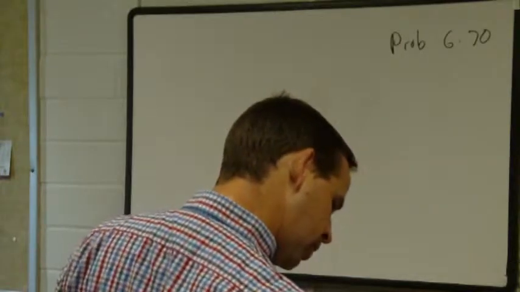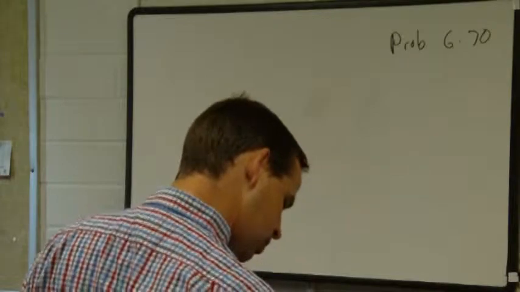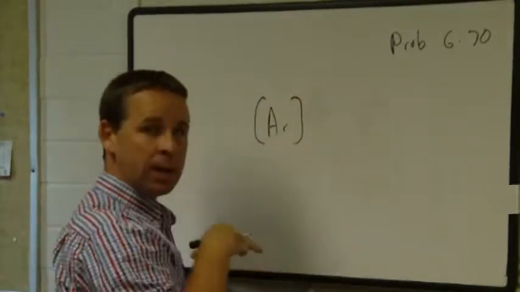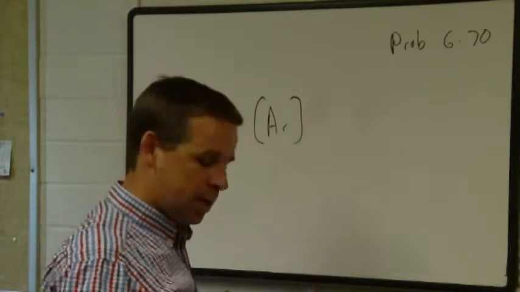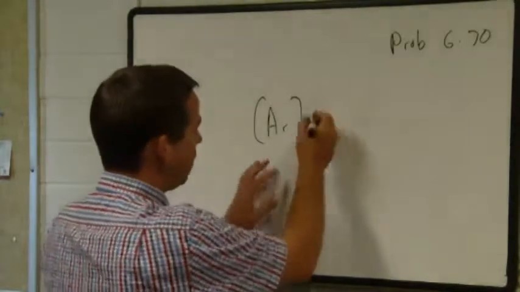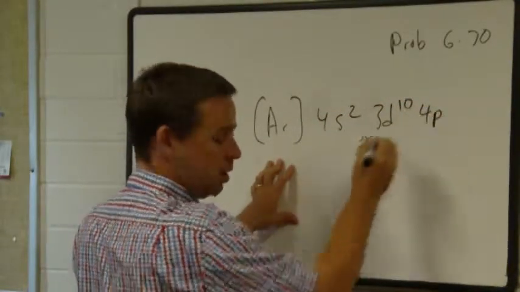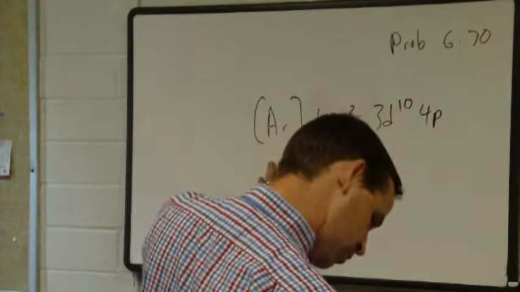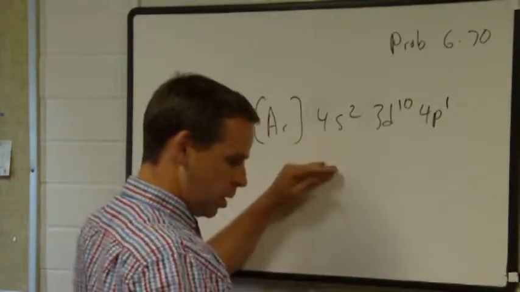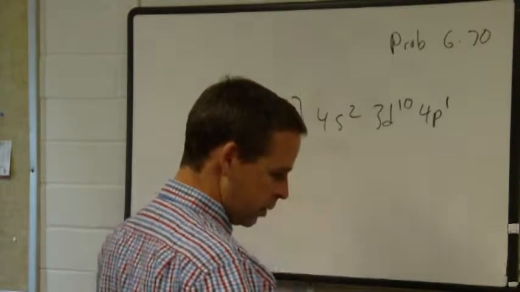We've talked a little bit about how to do this already, but we're looking at argon as the core electrons. You go back from gallium to find where the first noble gas is. That's your core. And then we have 4s2, 3d10, 4p. How many for gallium? 4p1. So there's our condensed electron configuration for gallium.